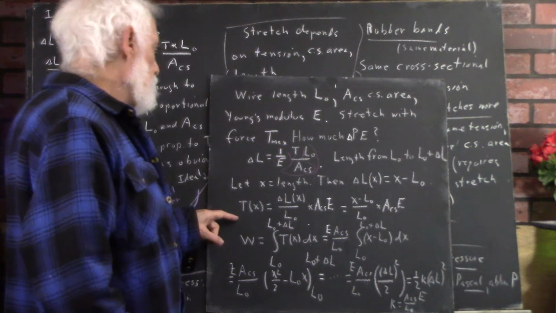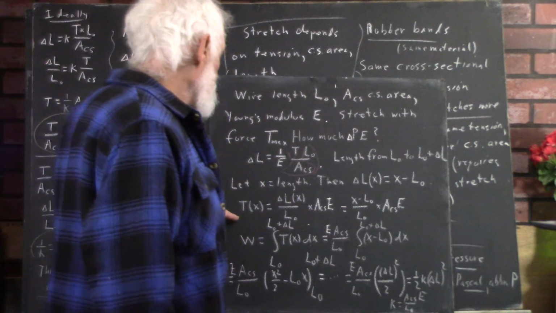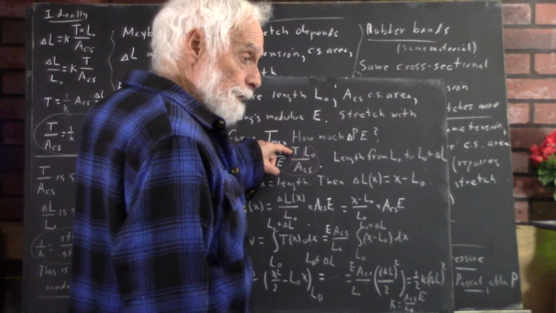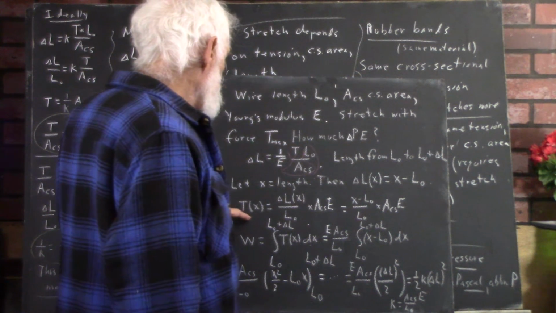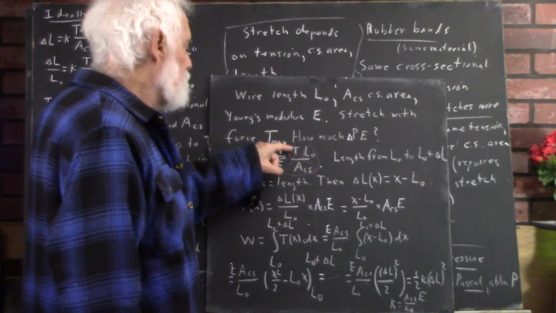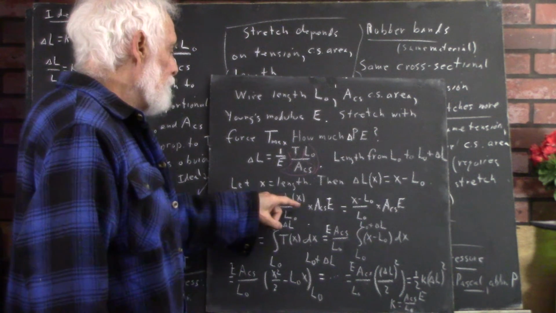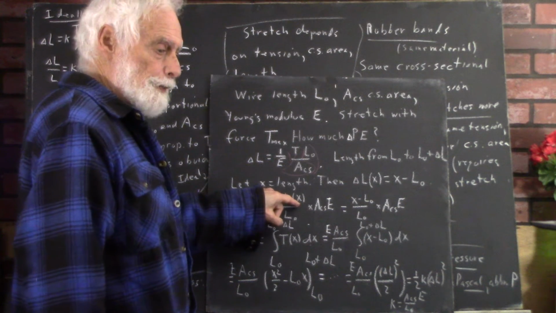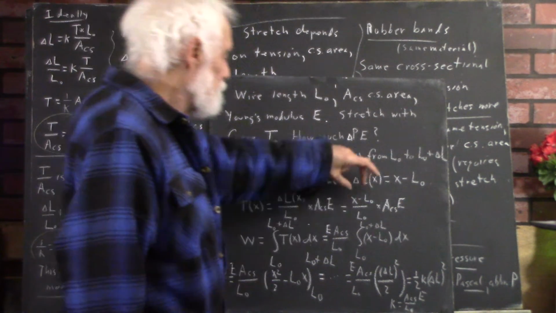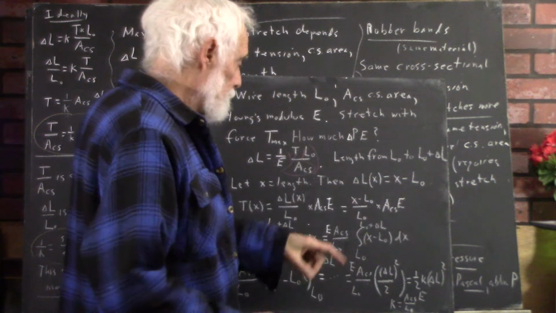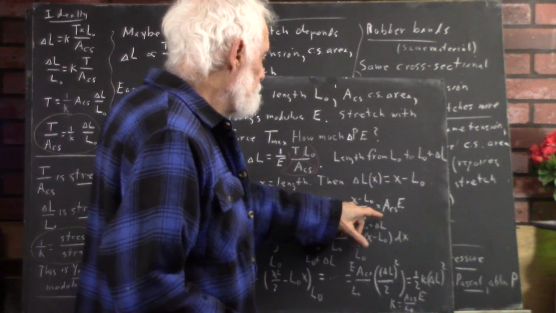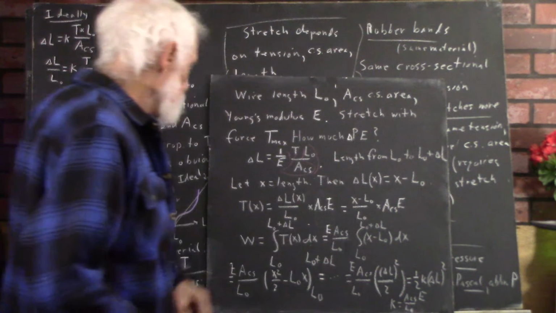Okay, so as a function of tension T, well, the tension function T depends on how far you've stretched it. Okay, this is how far it stretches. It's the length minus the original length, and everything goes together now.